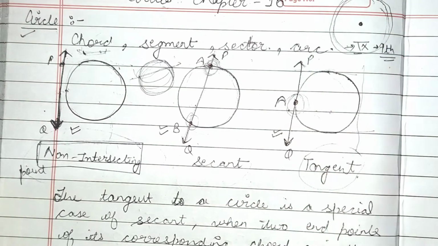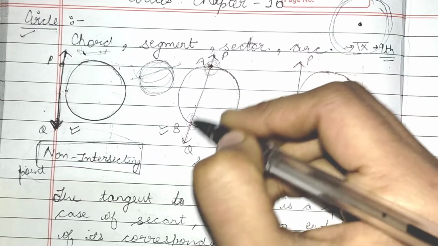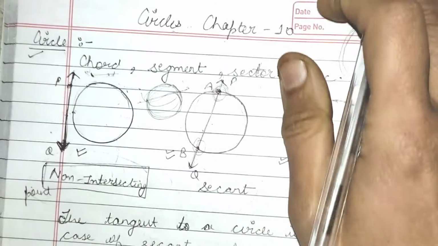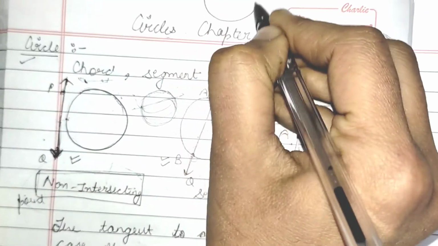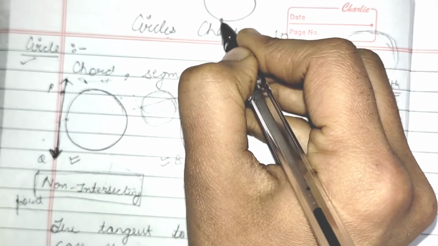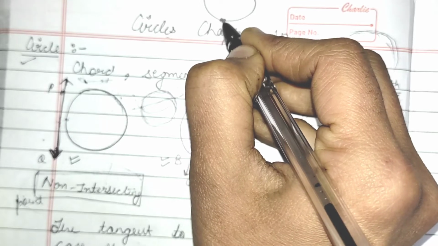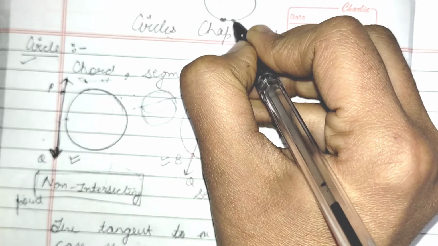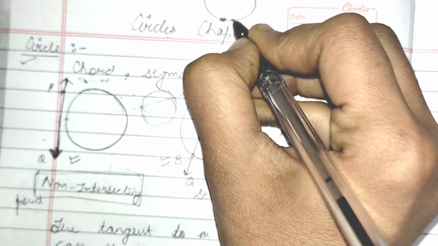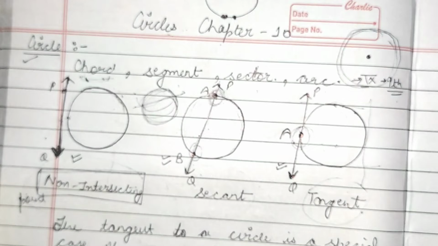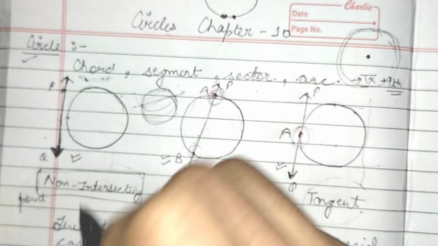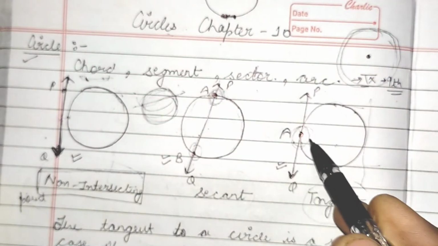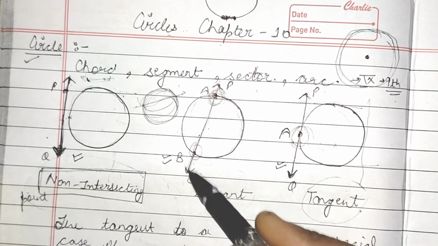If these 2 points coincide with each other, both points become a single point, at a very small distance, so instead of saying these are 2 points, I can say this is a single point. Then my secant will be called what?